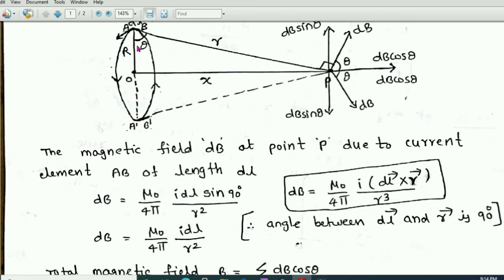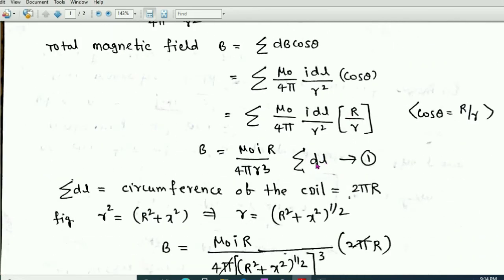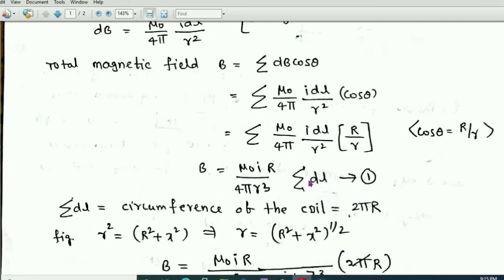This is also constant, because from all the length elements the distance is the same. Now the variable is dl, the length element. If you consider this much portion, this is the length of dl. You can take this much portion, and like that the length element will change. That's why the variable is dl.